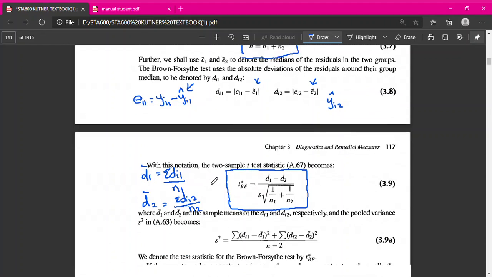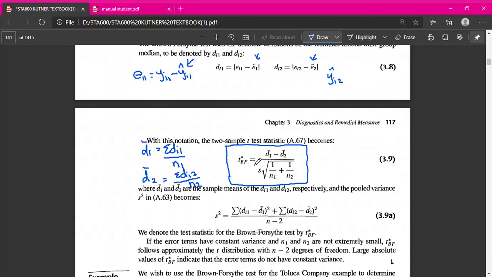And then we apply the formula of the t-test statistic to check whether we accept H0 ataupun reject H0, where H0 is the error variance is constant, and H1 adalah error variance not constant. Error variance is constant, nama lainnya adalah homoscedasticity. Error variance not constant, nama lainnya adalah heteroscedasticity.